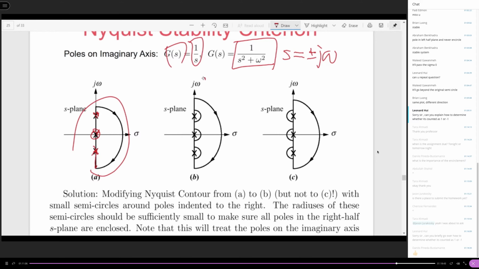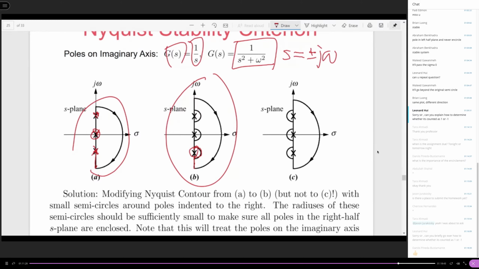You see, in this picture it shows clearly how you're going to choose the Nyquist contour. You go here, and then use a very small semicircle indented to the right around this pole, wherever this pole is located. You can always do that, right?